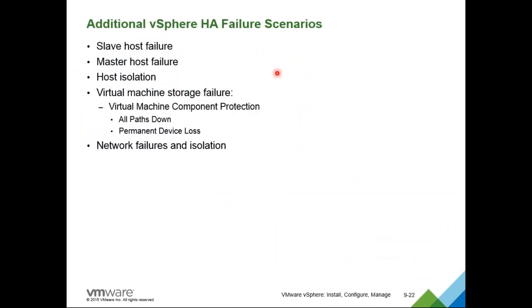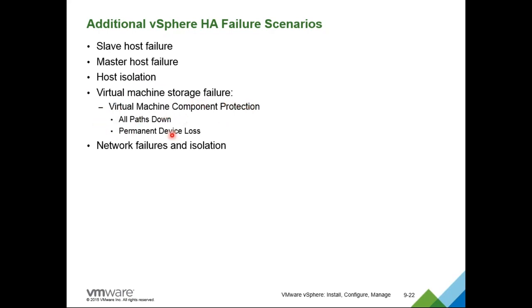So additional vSphere HA failure scenarios are slave host failure, master host failure, host isolation, and virtual machine storage failure.